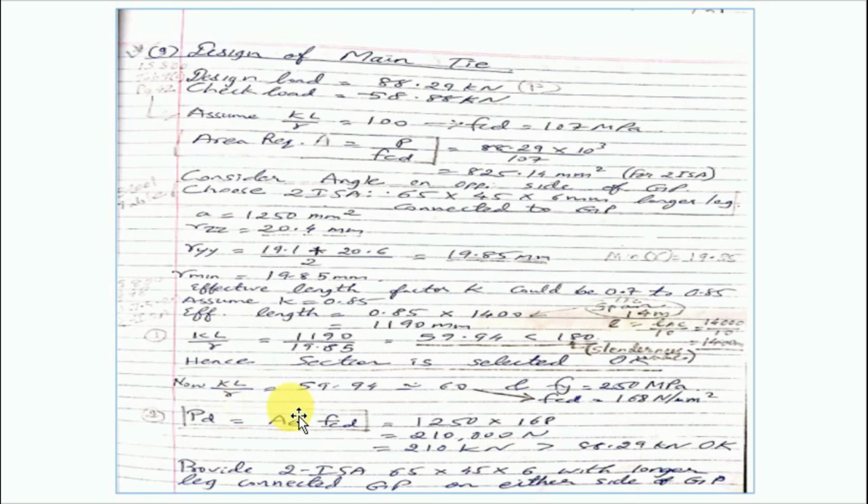Now, KL by R is known to us. Now, Fy we have known. We will be finding FCD equal to 168 Newton per mm square from IS 800 page number 42. Thereafter we have to find the actual design load, which is area into FCD.